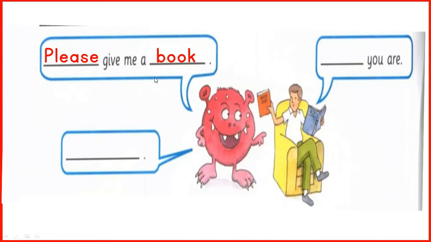That person replies, here you are. This is the dialogue of the monster, and this is the reply of that person. He is giving that book and says, here you are.